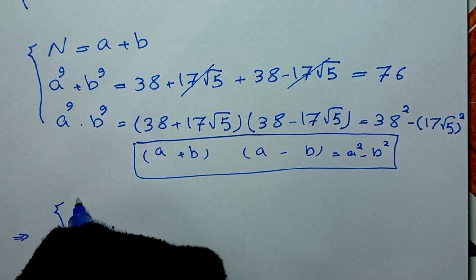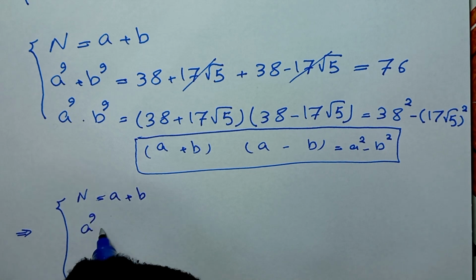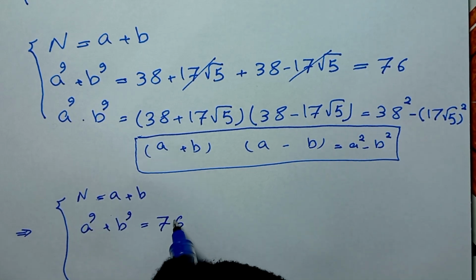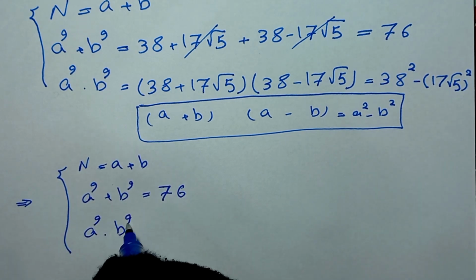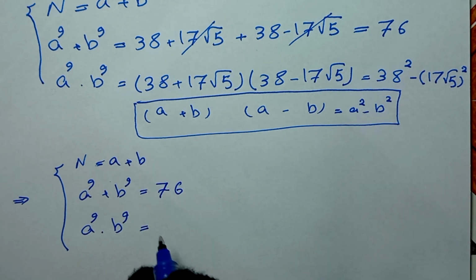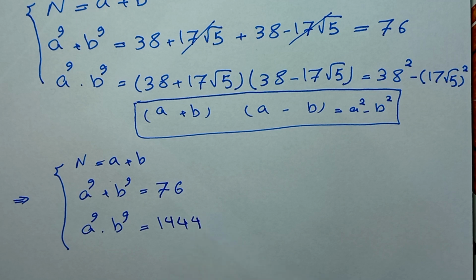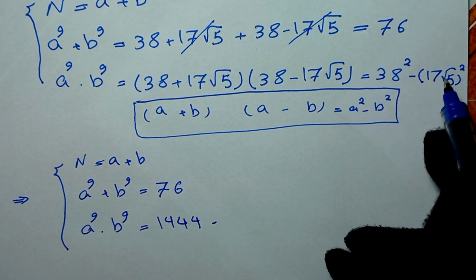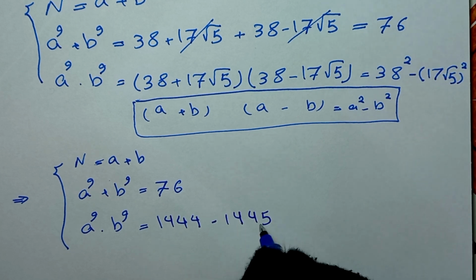And in here we have n is equal to a plus b, and here we have a to the power of 9 plus b to the power of 9 is equal to 76. And here a to the power of 9 times b to the power of 9 is equal to 38 to the power of 2, it will be 1444, and minus 17 square root of 5 to the power of 2, it will be 1445, right?